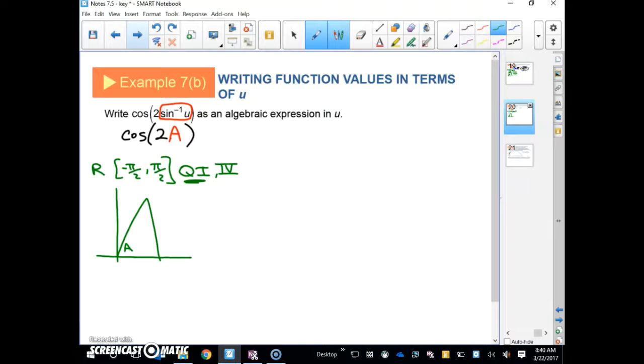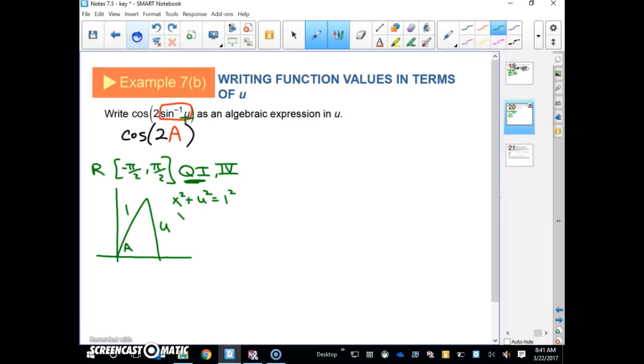And notice what we have. We have the sine ratio. Inverse sine is u, so we'll call that u over 1. My sine ratio is u over 1. So that's the y side over the r side, right? Y over r is u over 1. And so again, I'm going to do Pythagorean. You go like x squared plus u squared equals 1 squared.